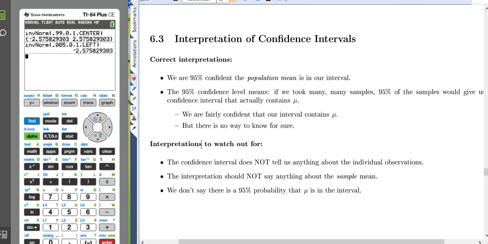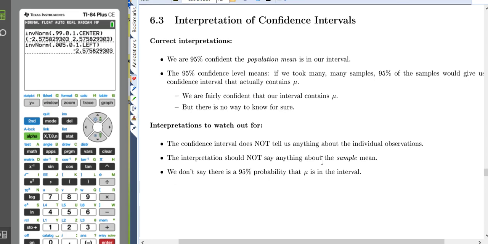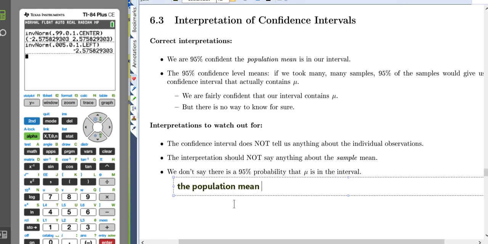Here are some very common ones that are absolutely wrong. Make sure you don't write these. The confidence interval does not tell us anything about the individual observations. That's what we just did above. The interpretation should not say anything about the sample mean, because it's supposed to talk about our population mean. And we don't say that there's a 95% probability that mu is in the interval. The reason for this one is the population mean mu is fixed. We don't know what it is, but it isn't changing.